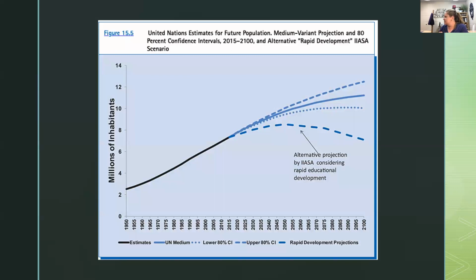So this is the trajectory that the United Nations has estimated for future population growth. And basically all of it depends on educational development, like how much access we get into those developing countries for women and girls to access forms of formal education.